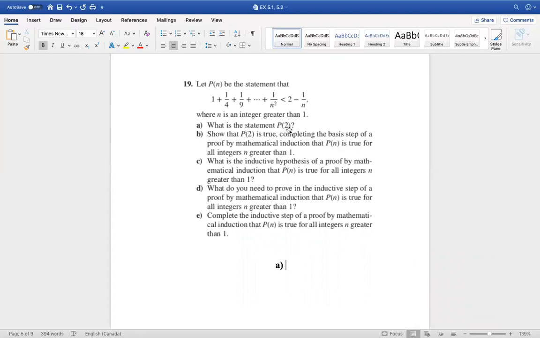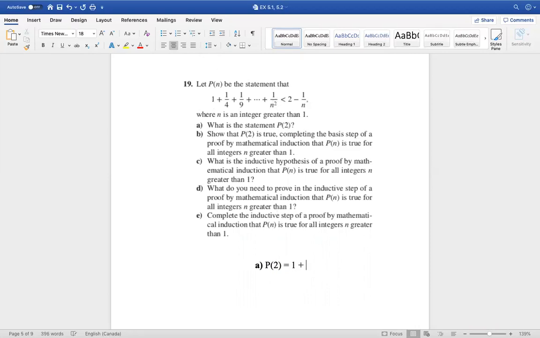What is the statement P2? Again, P2, this is also going to be basic step. So P2, nothing special here. We will just replace this statement with 2 wherever it has n.